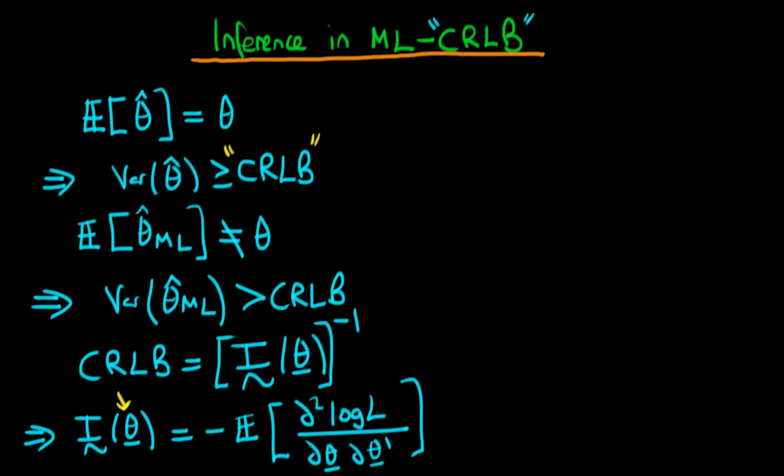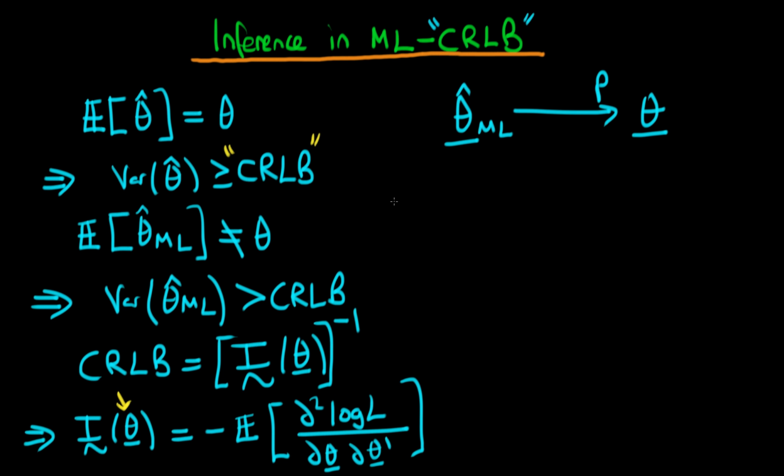Okay, so how does this information matrix help us in terms of maximum likelihood inference? Well, because maximum likelihood estimators are themselves asymptotically unbiased, in other words, they are consistent under a range of conditions, the estimator of the parameter vector, which I'm going to write theta hat maximum likelihood, tends in probability towards the true population parameter vector theta.